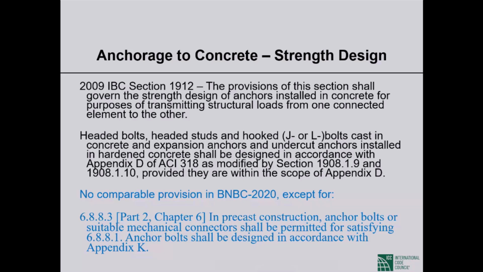This section is also part of Part 2, Chapter 6, and it says, in precast construction, anchor bolts or suitable mechanical connectors shall be permitted for satisfying section such and such. Anchor bolts shall be designed in accordance with Appendix K. But this section is only for precast concrete. For cast-in-place concrete, there is no section that directs you to Appendix K. But I suppose since Appendix K is the only thing in the code that enables you to do anchor design, you will do anchor design by Appendix K.